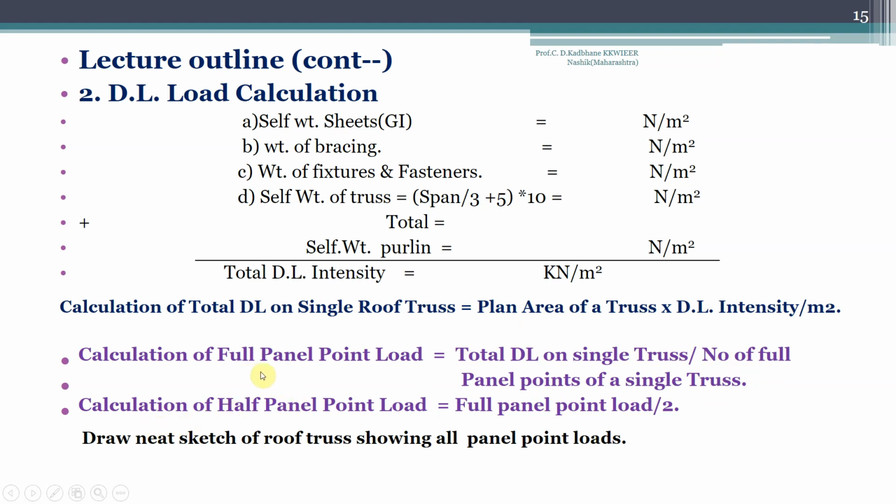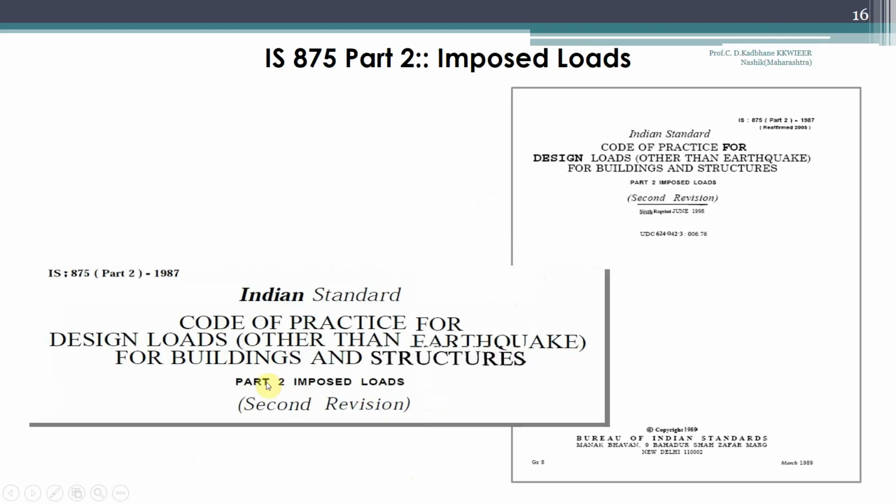From that full panel point dead load, we have to calculate the half panel point dead load, and that is equal to the full panel point load divided by 2. After finding all these full panel point loads and half panel point loads, draw a neat sketch of the given truss and show all full panel point loads and half panel point loads.